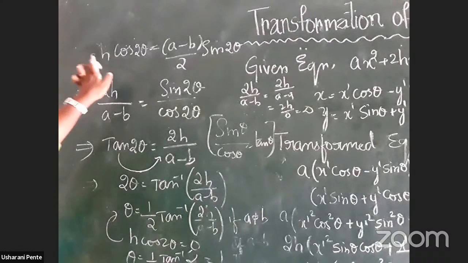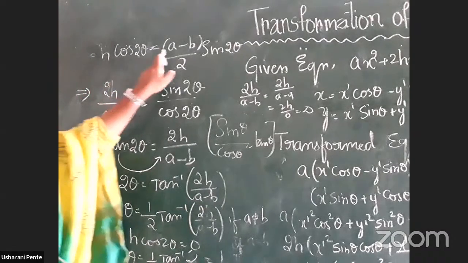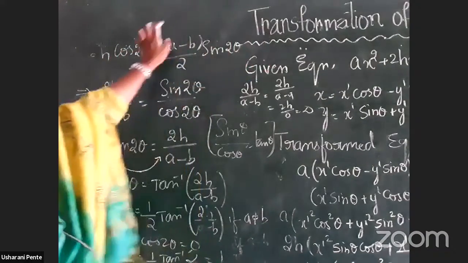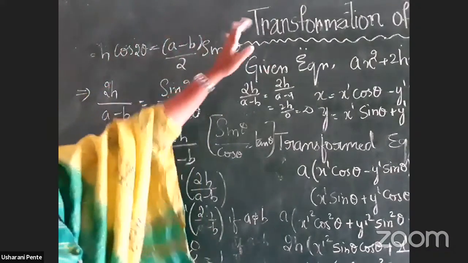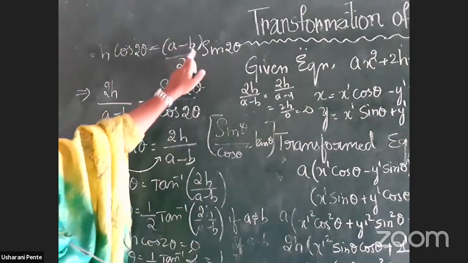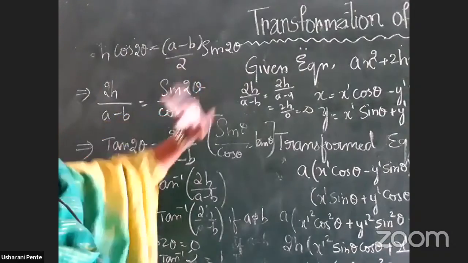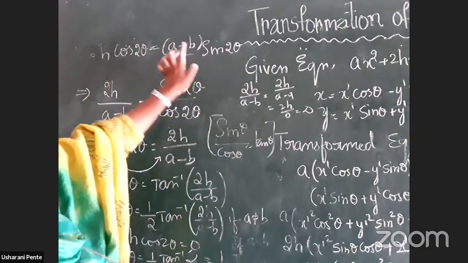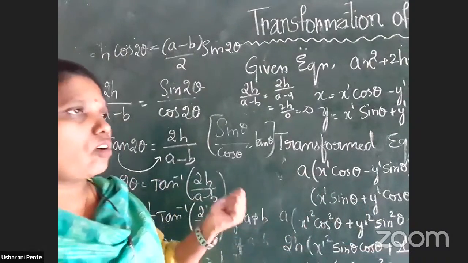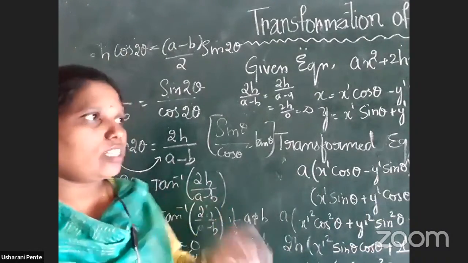So h cos 2 theta is equal to what? As b minus a is shifted to the other side, the sign gets converted. That is, it becomes (a minus b) by 2 sin 2 theta. We are using the formula sin theta into cos theta is nothing but sin 2 theta by 2.